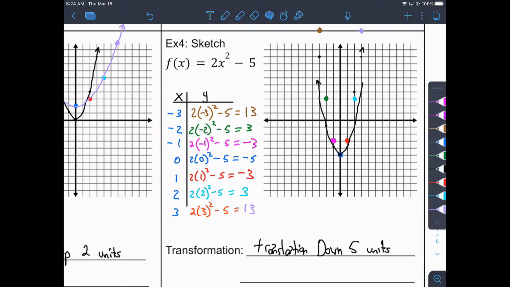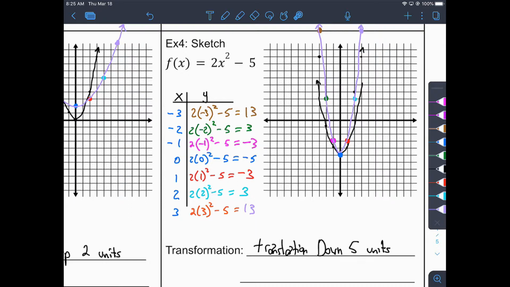Now, that's not the only transformation that has happened. That was the first transformation that we could see by doing things. What was the second? Well, notice that this function is wider than if I were to, in fact, I needed to draw this. Let me draw this real quick. It's wider than if I would have drawn in the other one. That means that this equation narrowed.